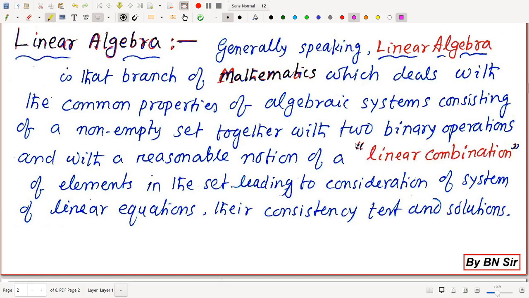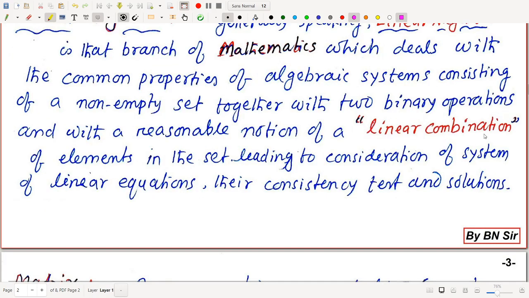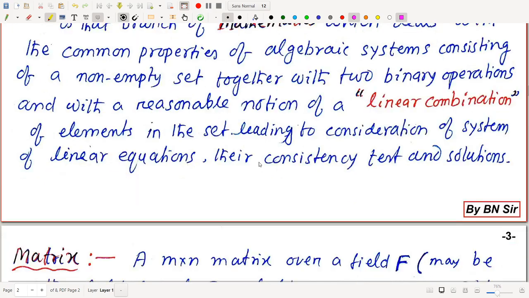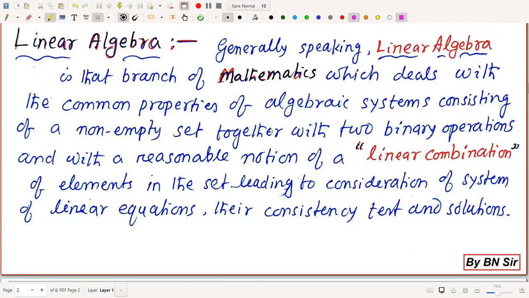So here it is two binary operations. And with a reasonable notion of a linear combination of elements in the set, leading to consideration of systems of linear equations, their consistency test, and their solutions. This is, in short, the aim of linear algebra.